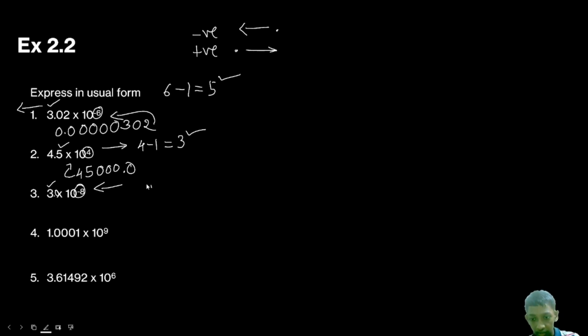So let's subtract that. 8 minus 1 is 7, so this is the count of zeros. So this will be 0 point, now the count of zeros starts: 1, 2, 3, 4, 5, 6, 7, and the number 3. So this is the usual form of 3.0, or simply 3 into 10 raised to the power of minus 8.